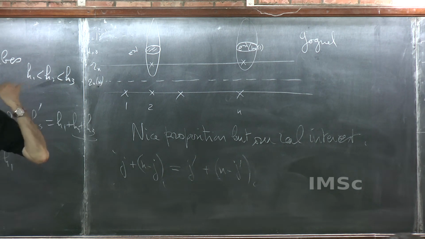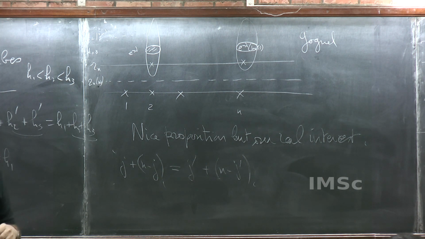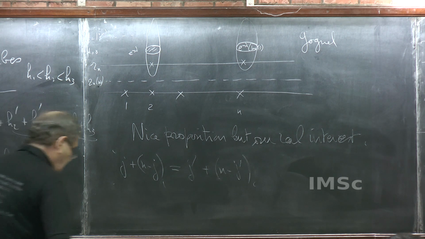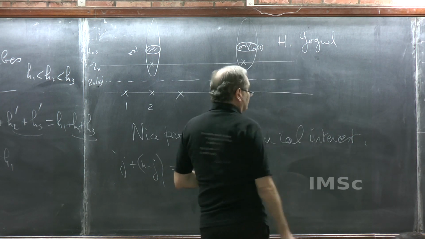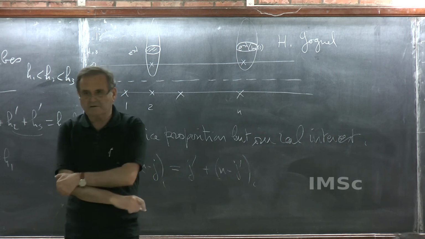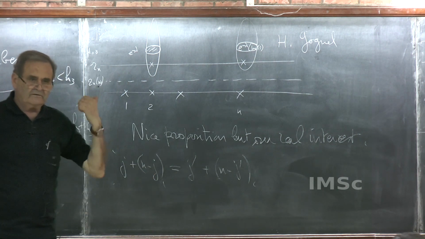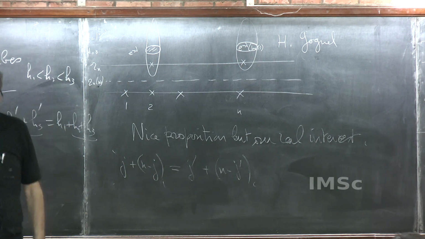It's not that known. This is why I write the name, and if you know it, you will go to MathSciNet and find the paper, because the paper is written in German. So it's not that well known. It deserves to be better known. This paper by Heinrich Gogel gets around this difficulty by taking powers, moments.